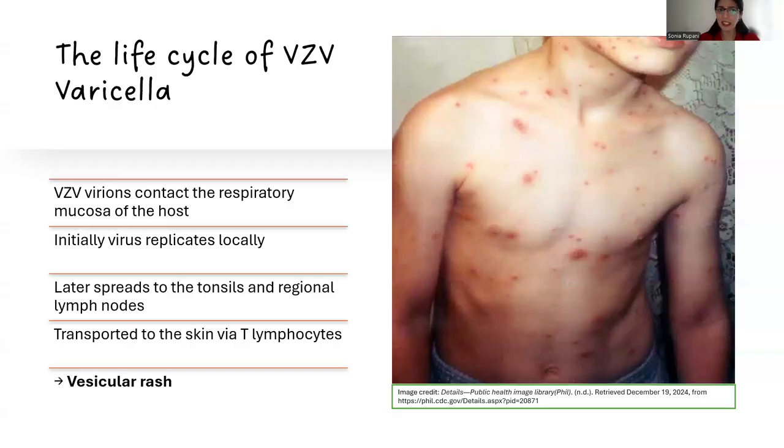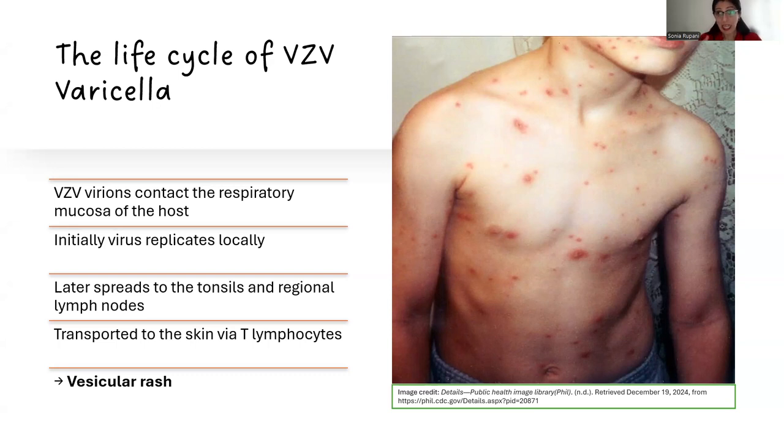So let's look at how it causes the chickenpox. We said it causes both chickenpox and the herpes, the shingles. So when people get exposed, and if they have not been vaccinated, so they're not protected, that virus will enter into the respiratory system and start multiplying. It starts its replication in the respiratory mucosa.